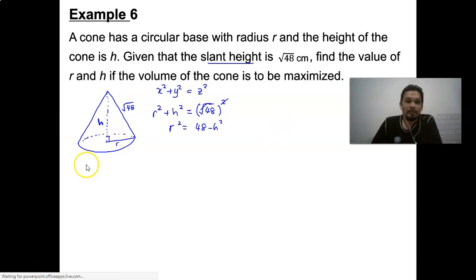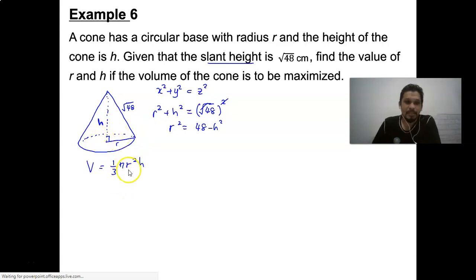Then the formula of a volume for this cone is V equal to 1 over 3 pi r square h. Okay, and pi is not an unknown, just like r or h, but pi is a unique value that we're going to use in the formula of circle.